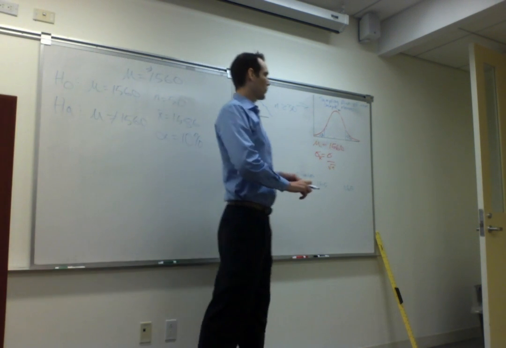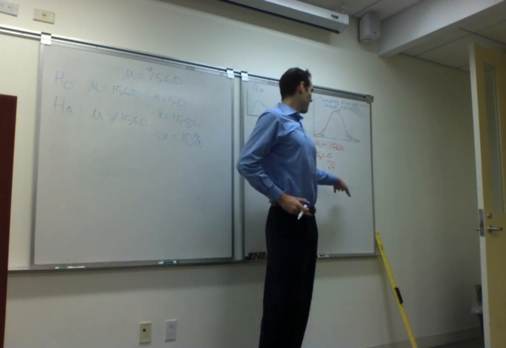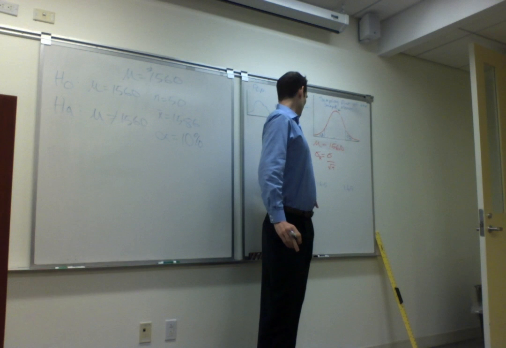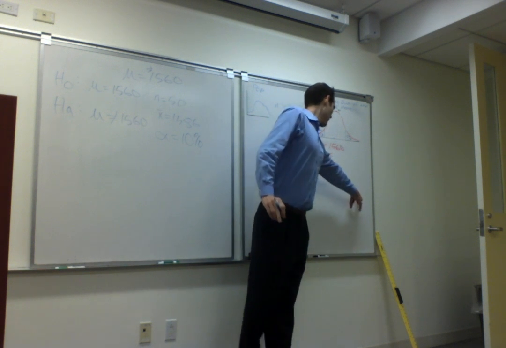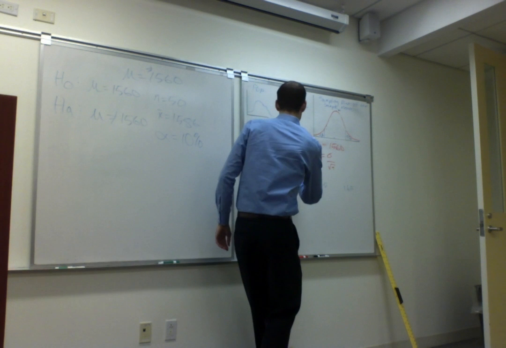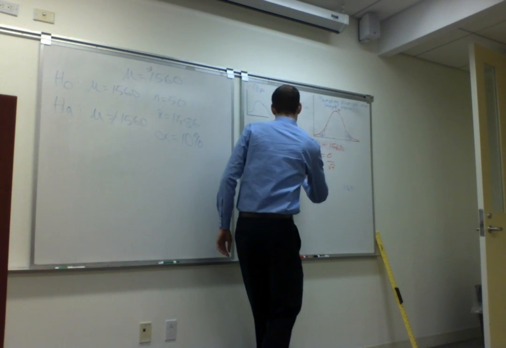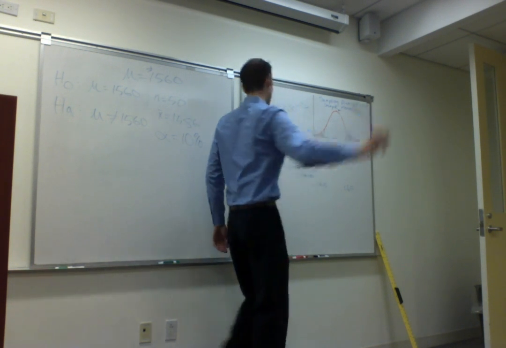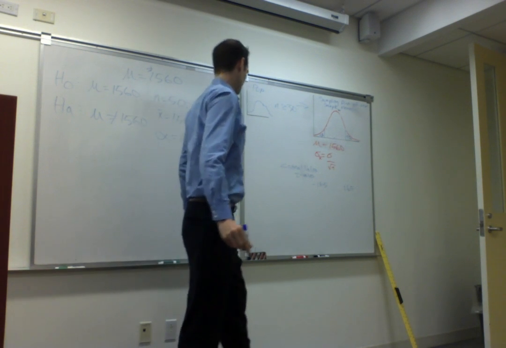So let's calculate what the actual sample means we might get, which would be below our critical value and above our critical value. So these z-scores, by the way, are called critical values. Z-values. Okay.